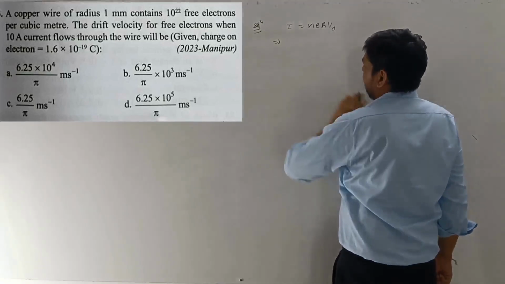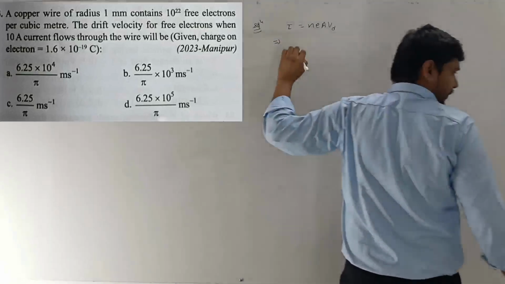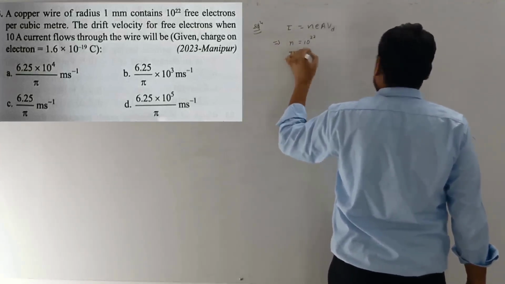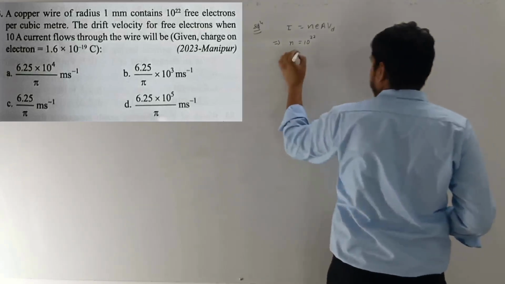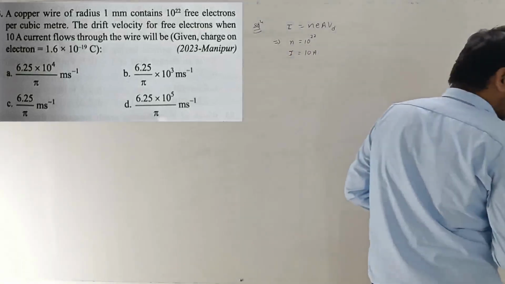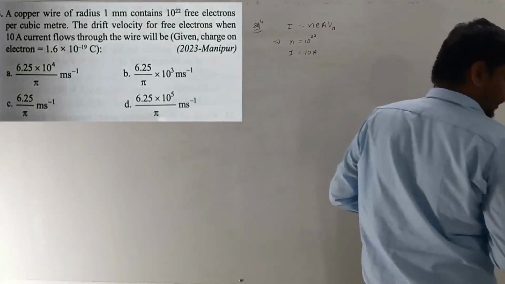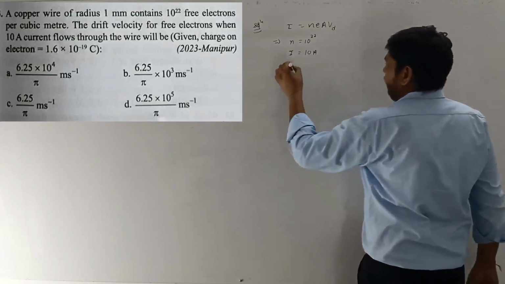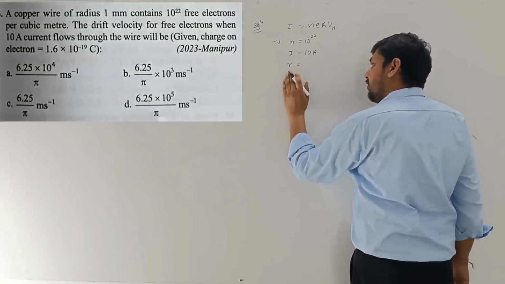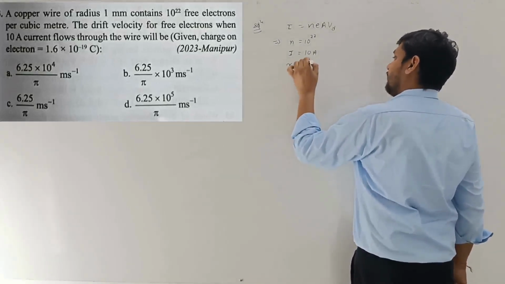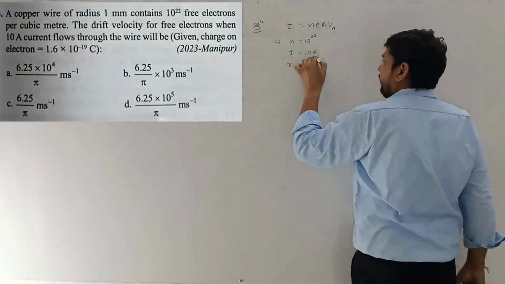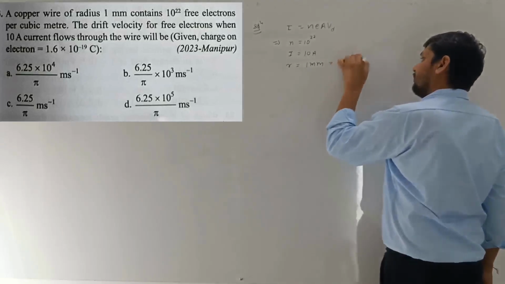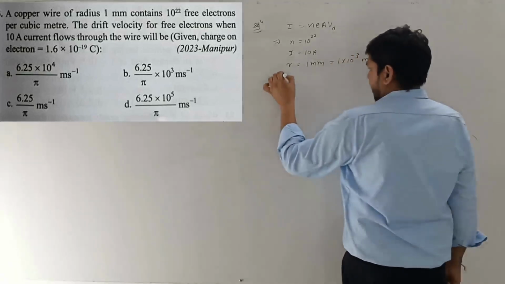Okay, now put in the values which are given. N is equal to 10 raised to power 22, I is 10 ampere, and we need the cross-section area A. The radius of the cross section is given as 1 mm, which is 1 into 10 raised to power minus 3 meter.